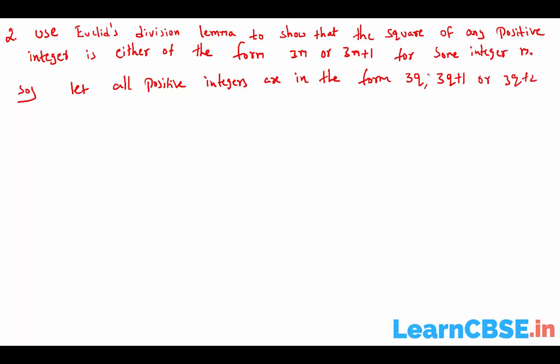What he is asking to prove, using the division lemma, is that the square of any positive integer should be in the form of 3m or 3m plus 1. That means 1 square, 2 square, 3 square, any positive integer square should be in the form of this one. So I am taking all positive integers in the form of 3q, 3q plus 1, 3q plus 2, because we cannot prove for everything, 1, 2, 3 up to infinity.